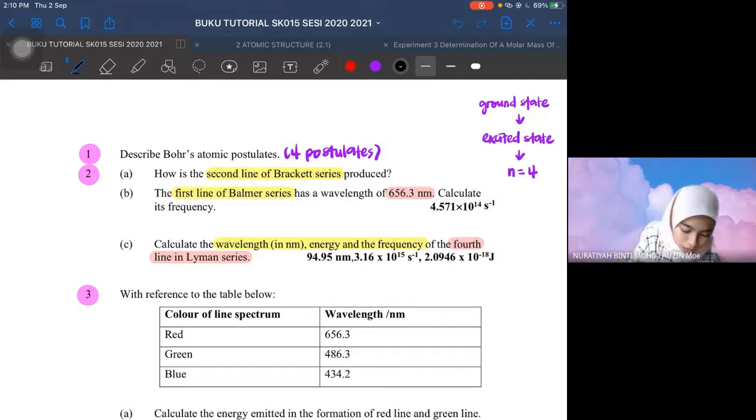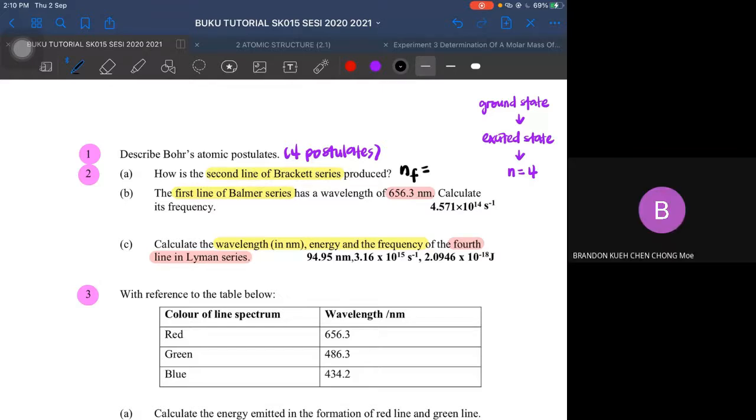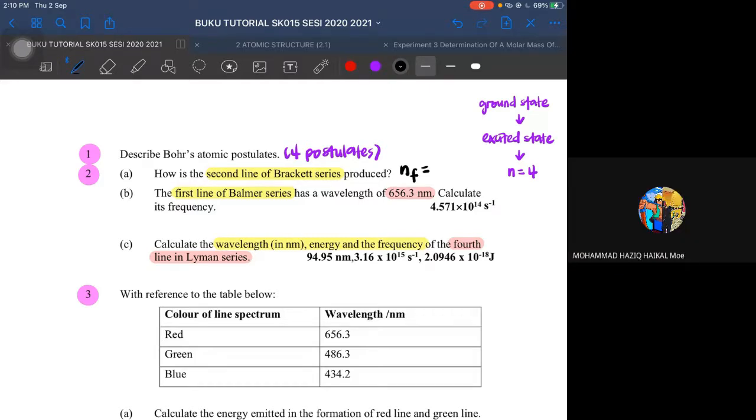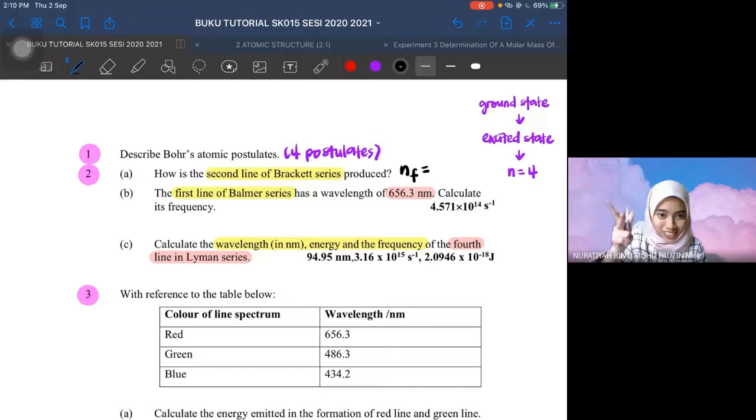So for Brackett series, what is the final level? 2? Are you sure? Brackett, Lyman, Balmer, Paschen, Brackett. So it is n equals 4.